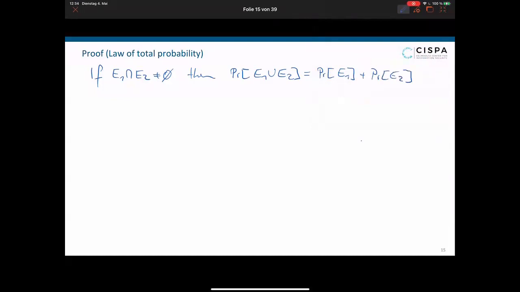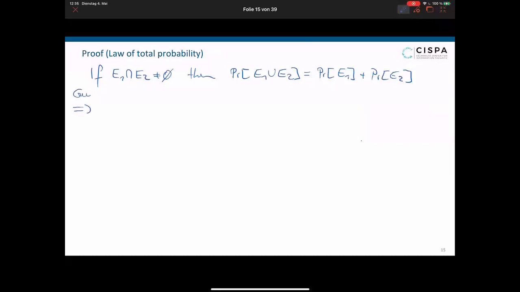We had that in general, the probability of the union of two events, or the OR of two events, is the sum of the individual probabilities minus the probability of the intersection. But now we have that the intersection is empty, so the probability of the intersection event or the AND event is 0.